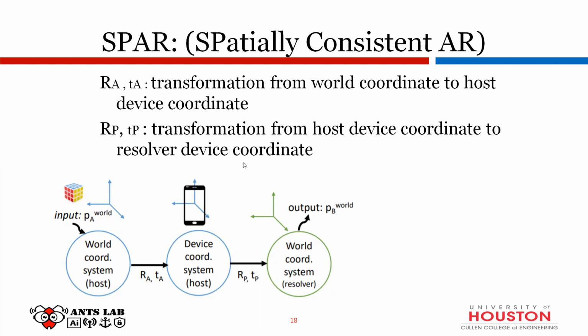Because what we try to do is to get the relation between the world coordinate and the resolver, right? But we can't get that unless we get the information of the world coordinate and the host coordinate first. So this is like an intermediate step to do the final goal.